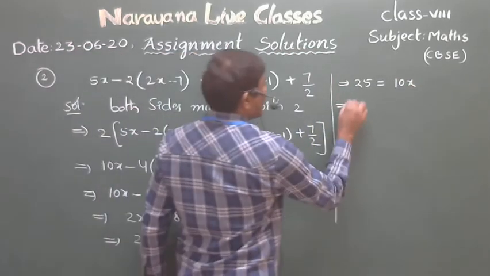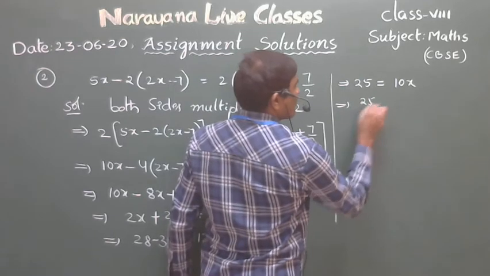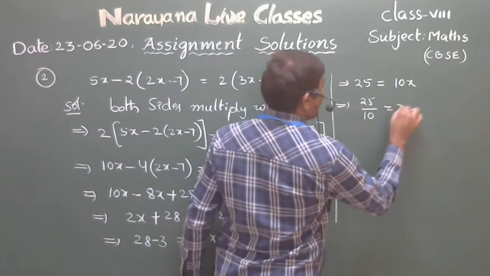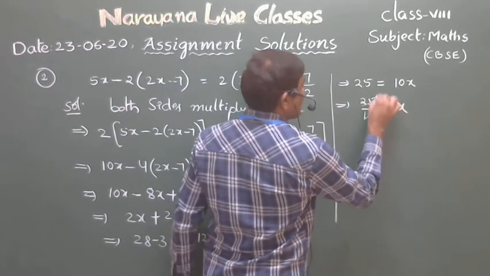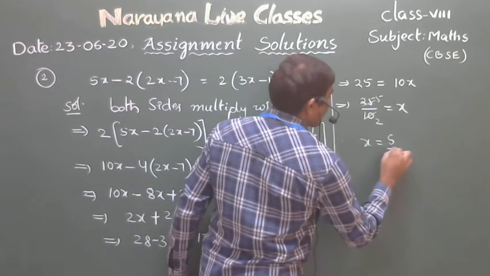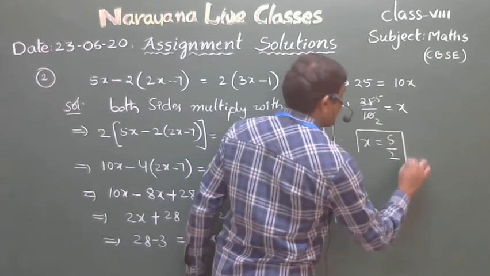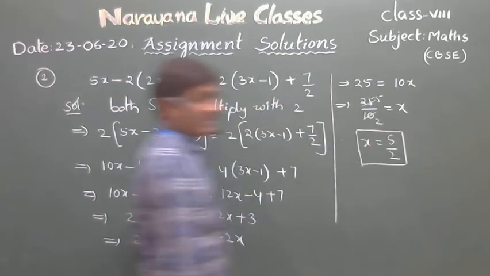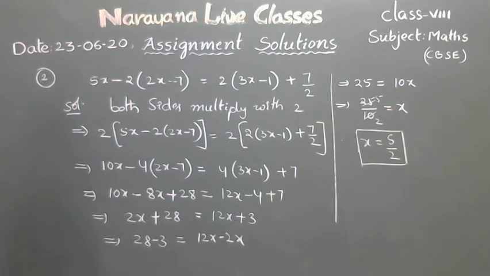Then x is equal to 25 by 10, 5 twos are 10, 5 fives are 25. Therefore x is equal to 5 by 2 is our solution. This is the second sum solution.